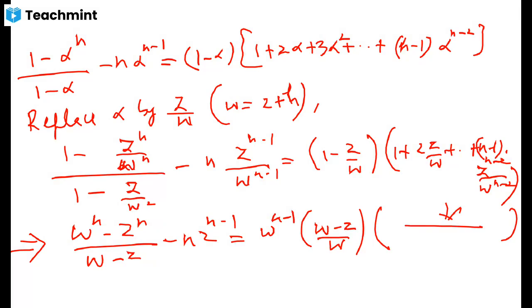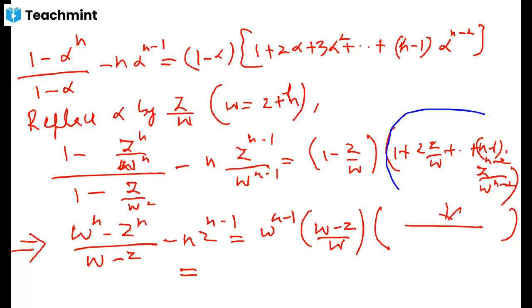So what we are left with is to simplify this right hand side again. Now you have on the right hand side w minus z. The numerator of w minus z is w, and you just adjust this power with w to power n minus 1. You will be having w to power n minus 2, and you are multiplying that w to power n minus 2 inside of this expression.